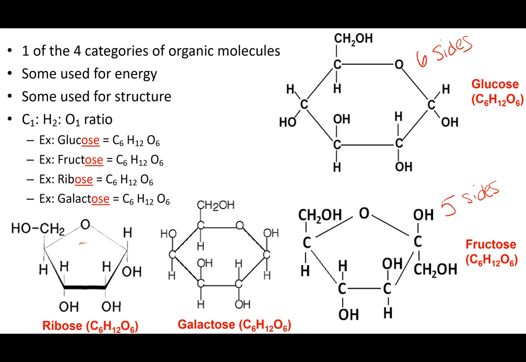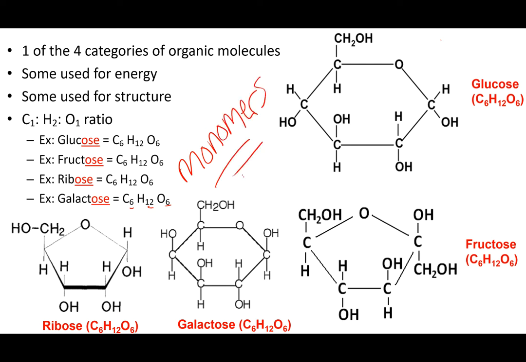So we'll do 5 sides, 6 sides, 5 sides, 6 sides, right? They all have the same chemical formula. That's okay, right? They have that 1 to 2 to 1 ratio, and they all end in OSE. Remember, these are monomers. These are the building blocks. Monomers.